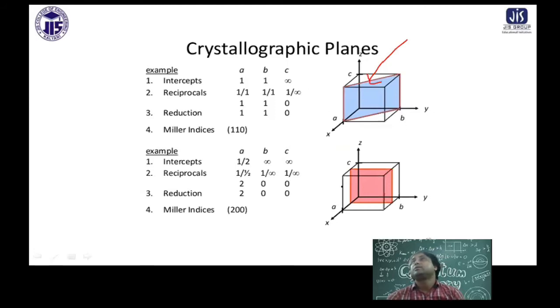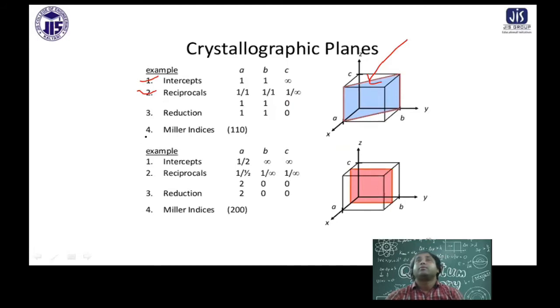So the technique is this, as it is written there. Step 1, you get the intercepts. Step 2, as you did earlier, you take the inverse of them, that is 1 by 1, 1 by 1, 1 by infinity.